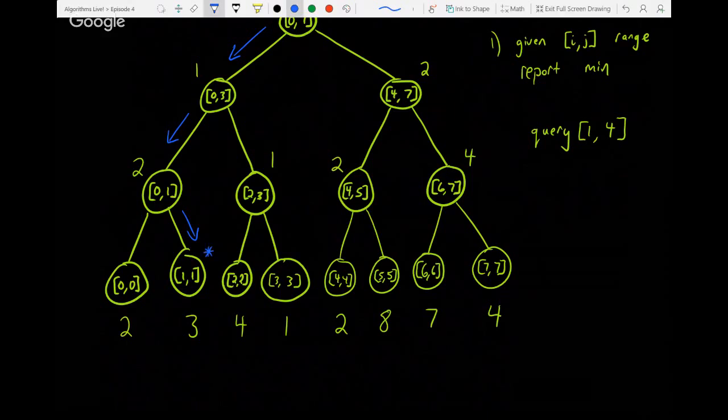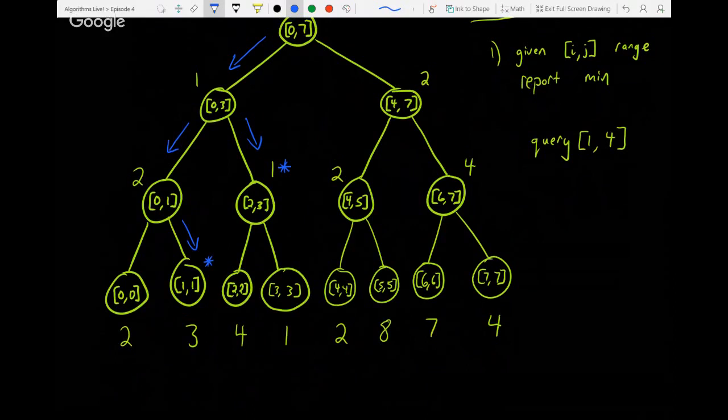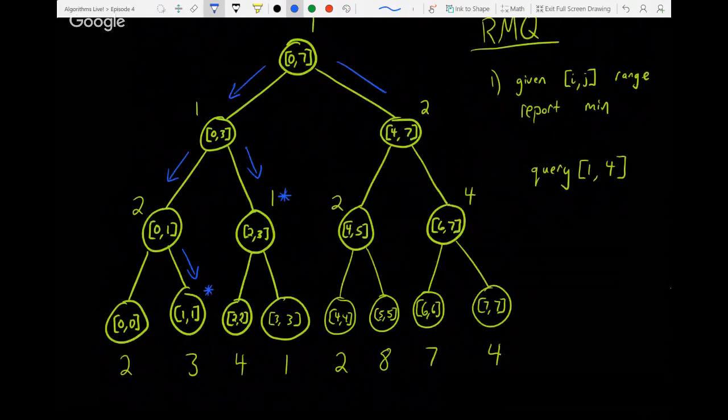Come back up. Then I consider 2, 4 or 2, 3 down this right subtree. And I see 2, 3 is completely covered by my interval 1, 4, so I'm going to return right here from this piece. Then I go down my right subtree, and I have a partial covering here. 1, 4 and 4, 7 overlap.